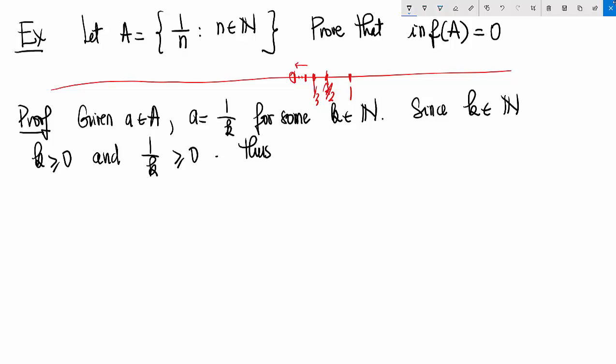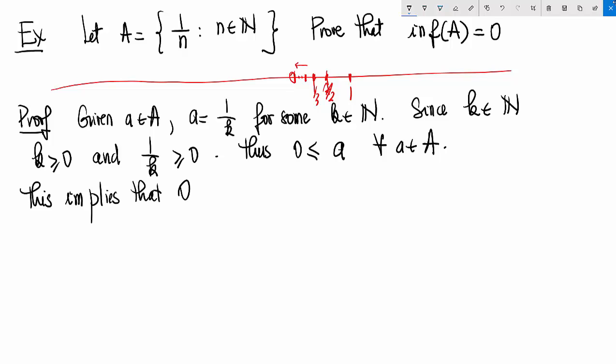Thus 0 must be less or equal to a, which is 1 over k for us here, for any a arbitrarily taken in the set A. This implies that 0 is a lower bound for A.